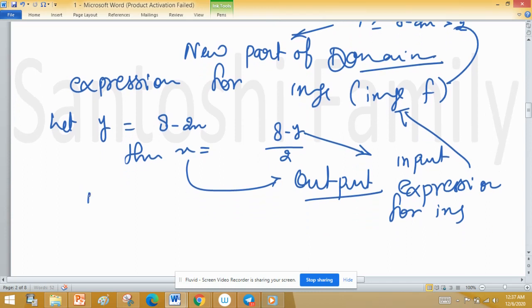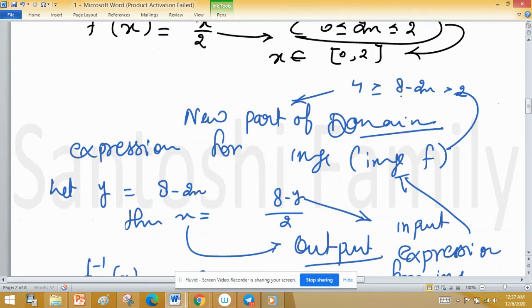It means f inverse in terms of x can be written as 8 minus x divided by 2, and x is coming from the inequality 4 greater than or equal to 8 minus 2x greater than 2. You can write this as 2 comma 4, right closed because of the equality here, and strictly, so left open.